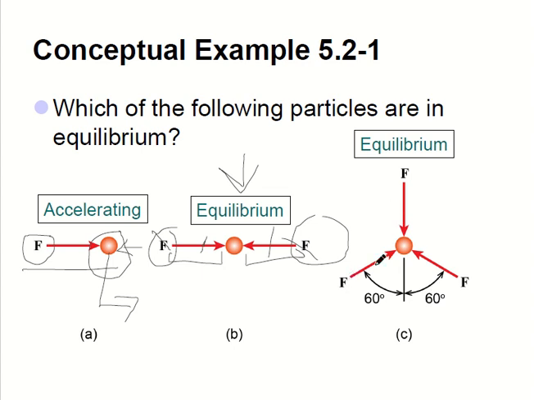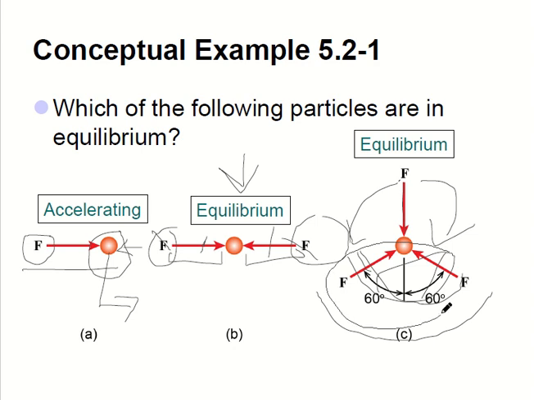This one is the same thing. You have this force and that force canceling, and you also have this force going downwards. In this situation there are two forces acting at 60 degrees, and they cancel, leaving a downward force on that mass.